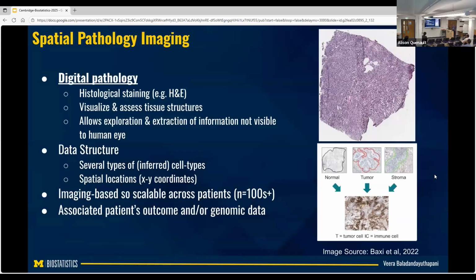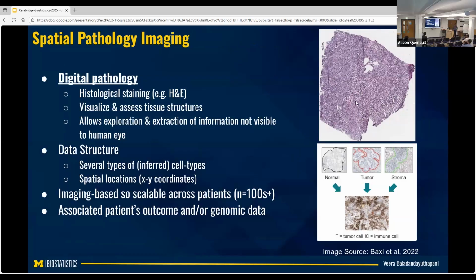Right. So of course, as a statistician, what is the actual data that you're dealing with? These are images, right, and maps. So from the pathology imaging, these are the classic H&E stains that the pathologist sees. These are used to visualize tissue structures, the morphology of the tumor.